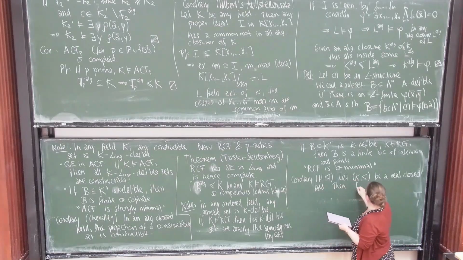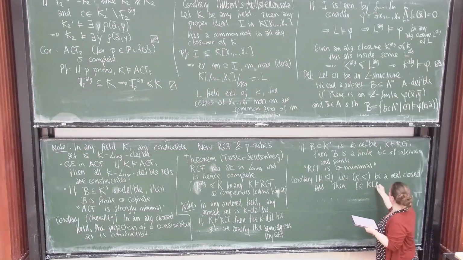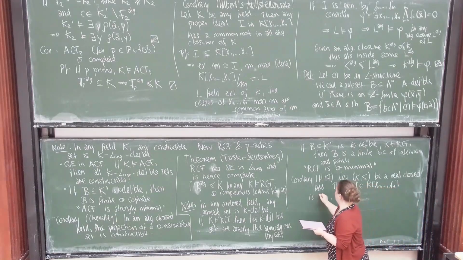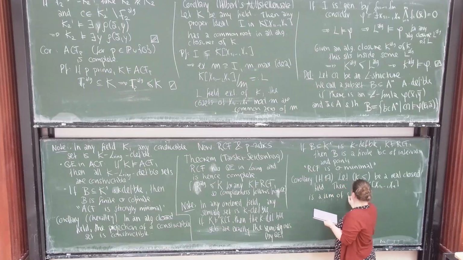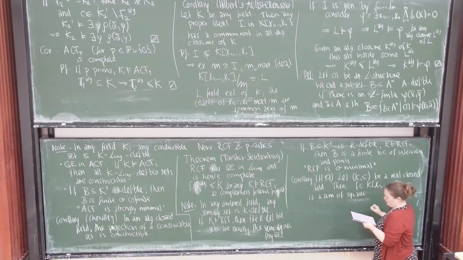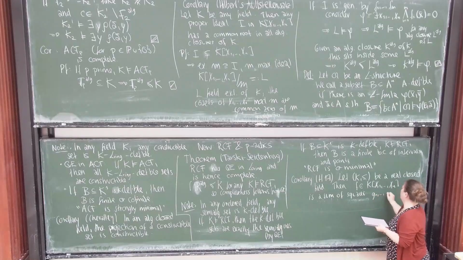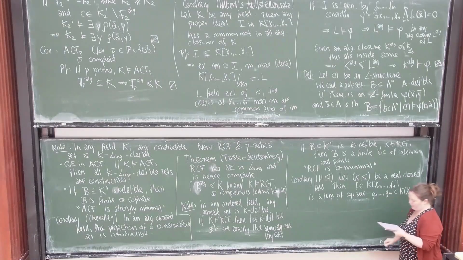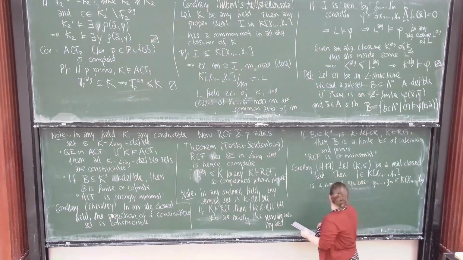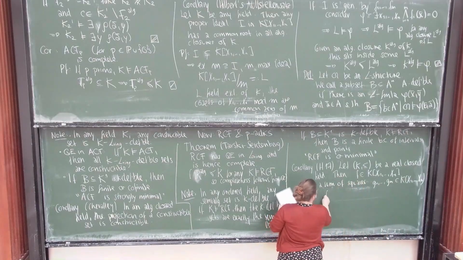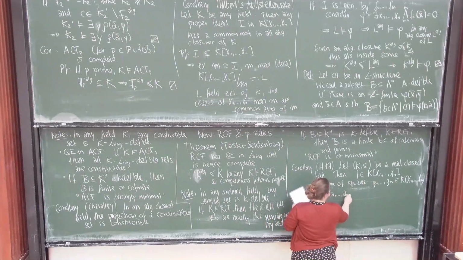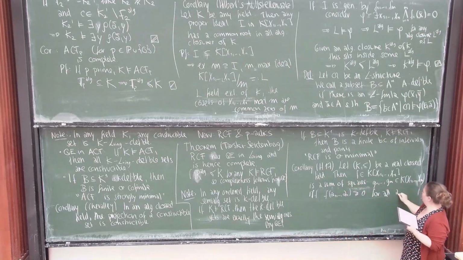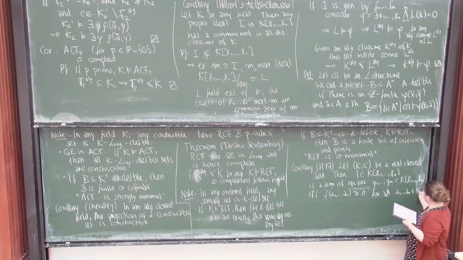Then the claim is a polynomial f in n variables is a sum of squares, say g1 up to gm in the rational function field k(x1, up to xn), if and only if it's positive semi-definite, if and only if f(a1, up to an) is greater or equal to 0 for all a1 up to an in k.